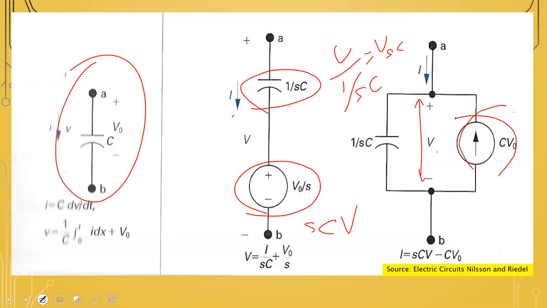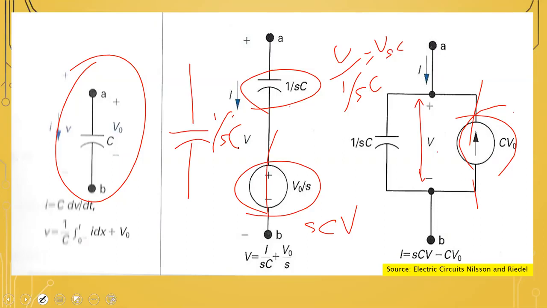Again, if we were to remove the initial conditions for the capacitor, as we did with the inductor, where we made I0 zero, here we make the capacitor uncharged. Then if we take that out, what we are left with is that the capacitor is represented by 1 over SC.